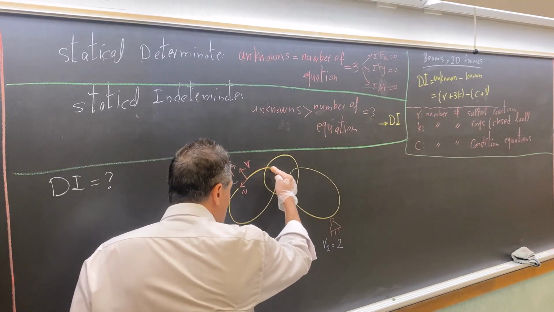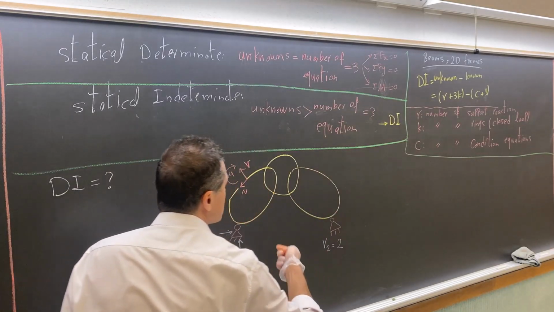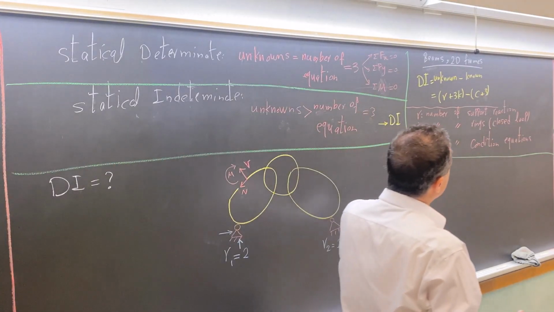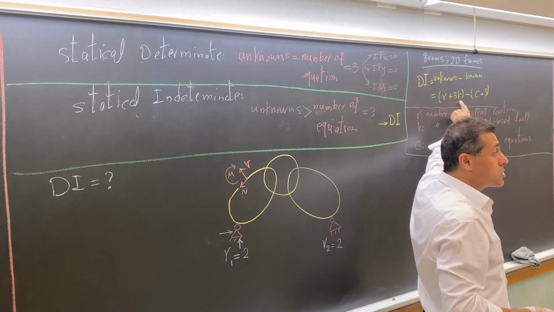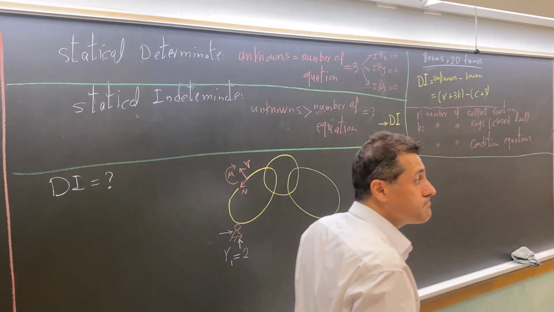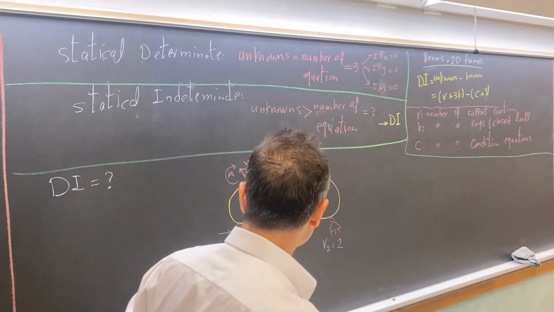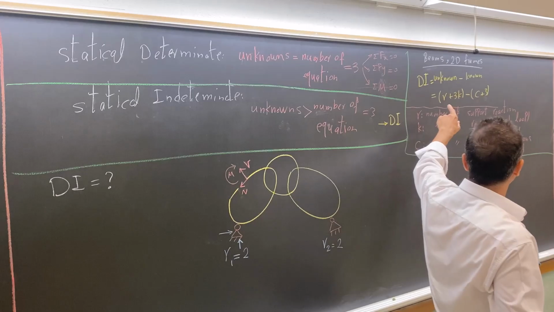This is how we derive this equation. If you have 10 rings, then you have 30 unknowns. So this is the proof; I'm just proving this equation for you.